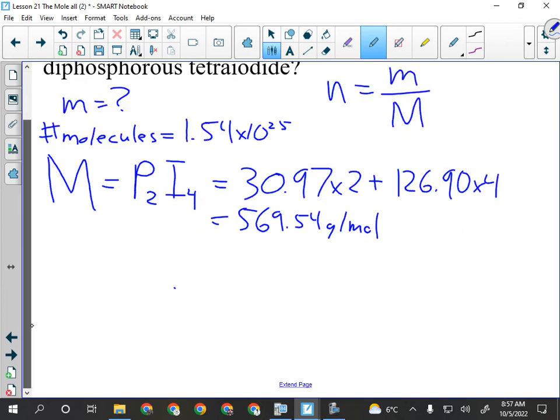And I still remember that Avogadro's number tells me the number of molecules in 1 mole. So if this is the number of molecules in 1 mole, and this is the number of molecules I have, how can I use these two numbers to get N? Divide, yeah.